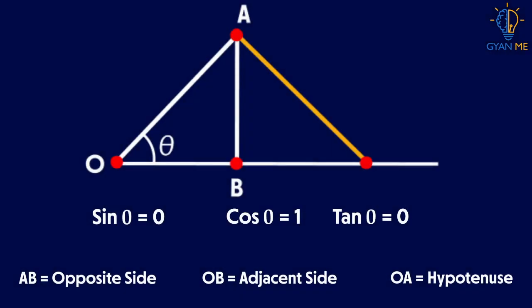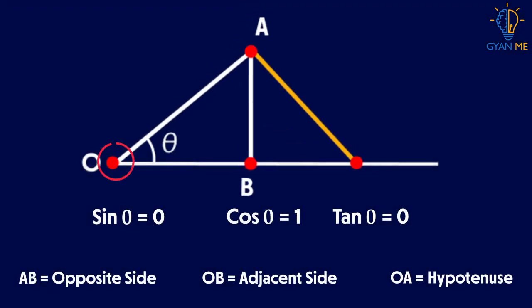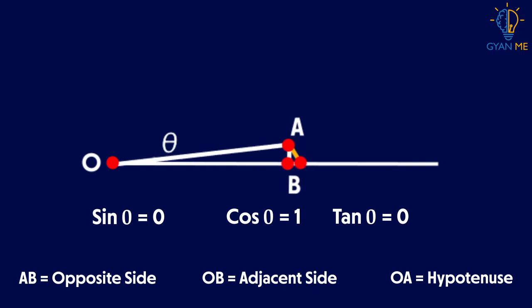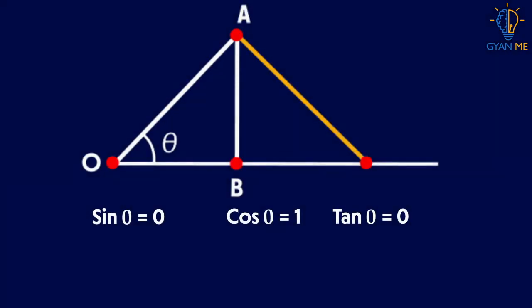Now this is from the circle where we understood the ratios. What about the triangle? So let's see this as angle ABO. This is theta. As it gets smaller and smaller, the length of side AB decreases. Simply speaking, the opposite side decreases. Yes, we know that if this angle is theta, then the side AB is the opposite side and OB is the adjacent side, and as usual AO is the hypotenuse.